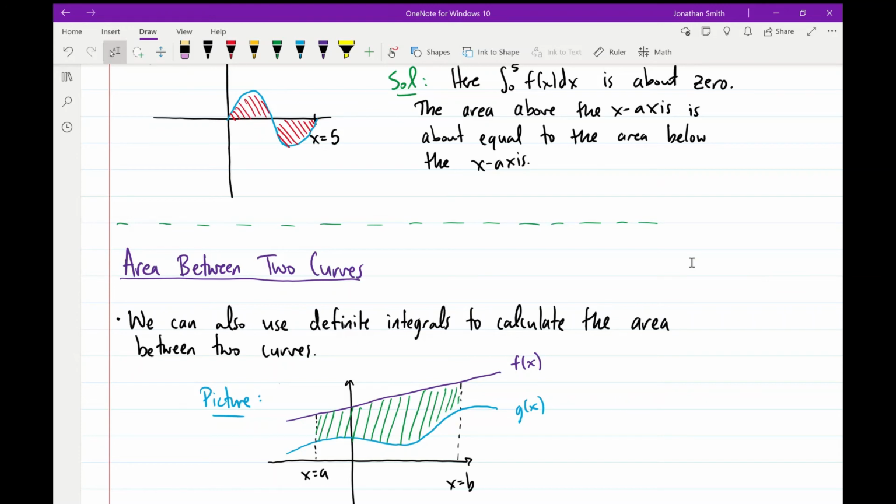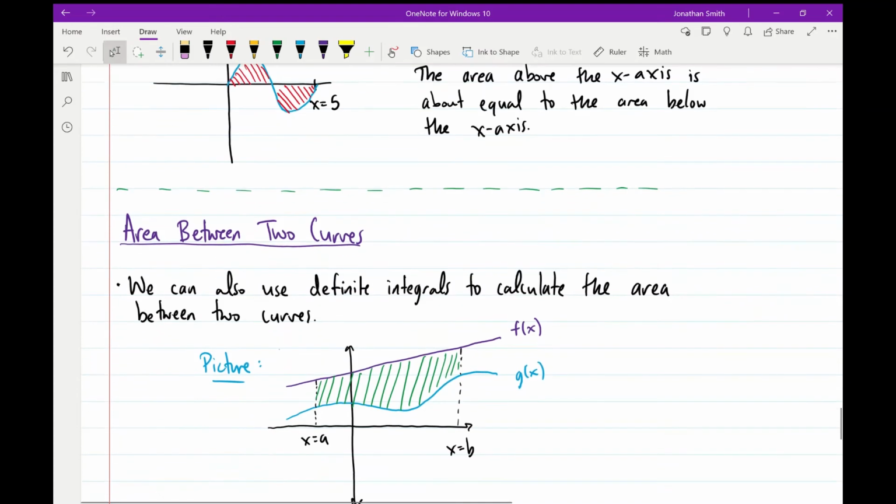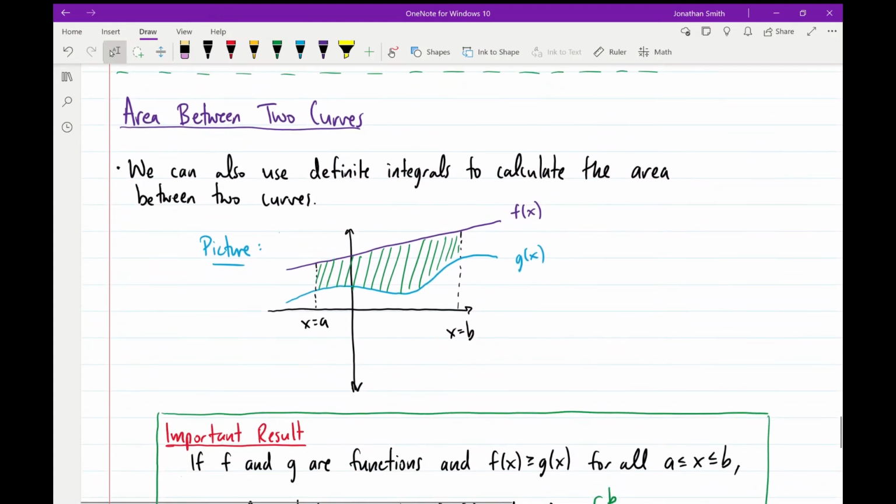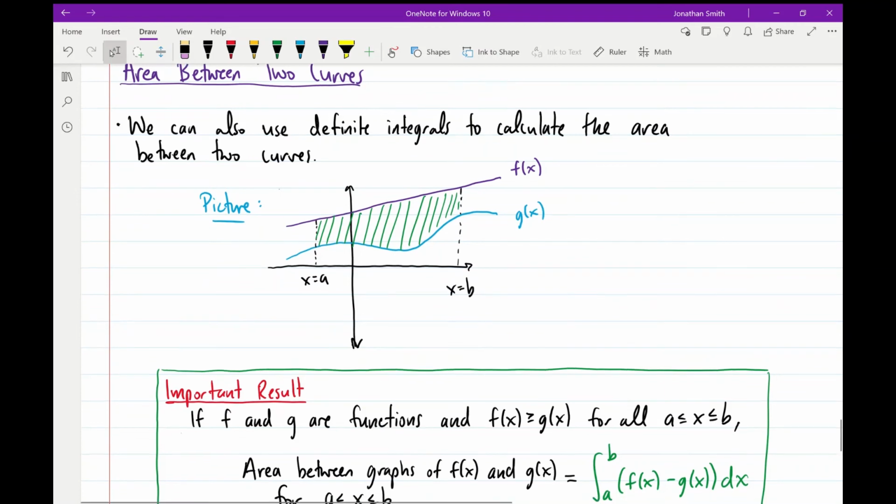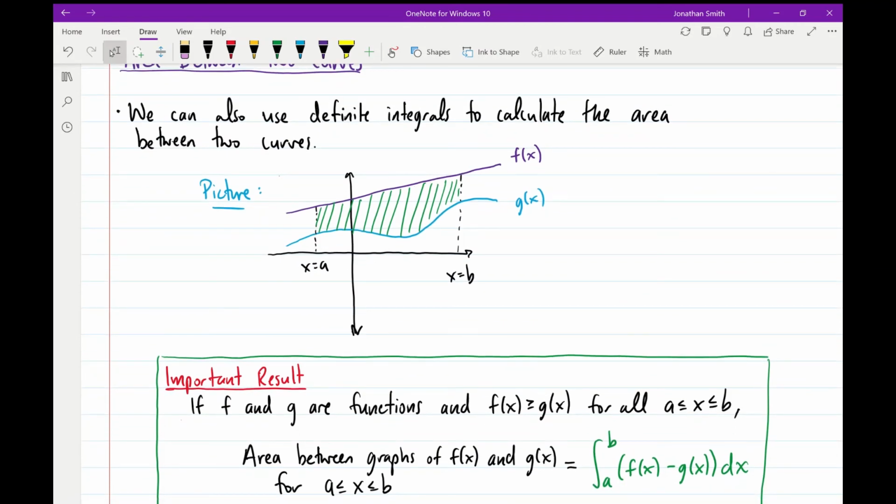In this last section, I want to discuss how we can use the definite integral to give us the area between two different curves that we have graphed in the plane. So just to draw a picture that you should be thinking about as I give this next result, let's say that we have two functions, f of x and g of x. So f of x is the purple line that I have drawn, and g of x is this blue curve, and both of them are sitting in the plane.